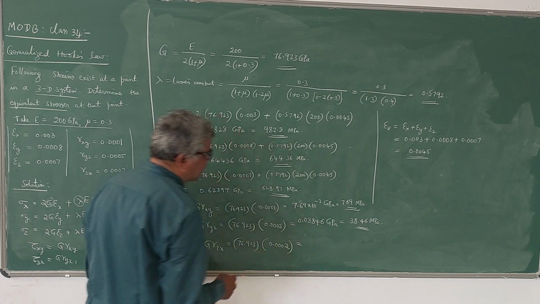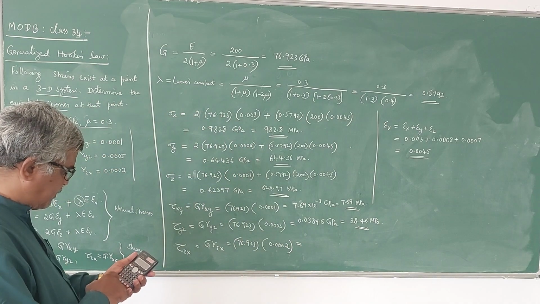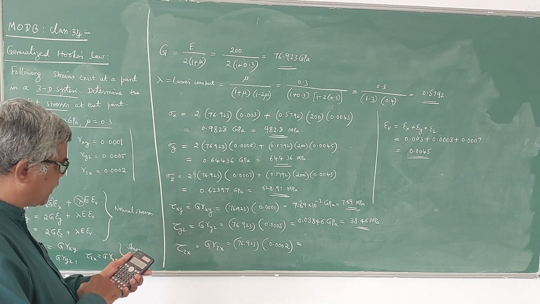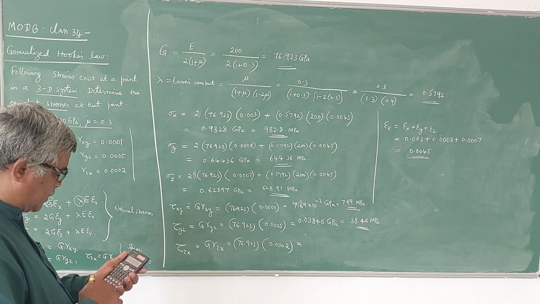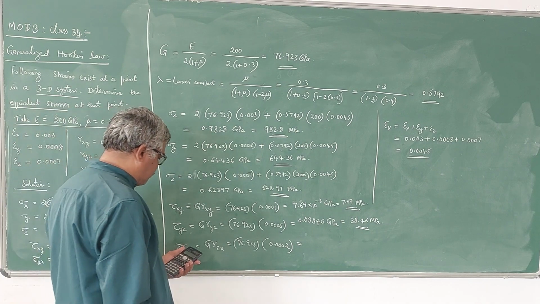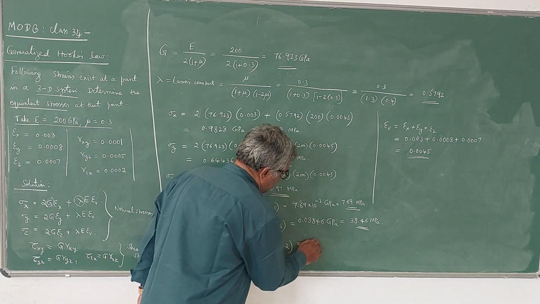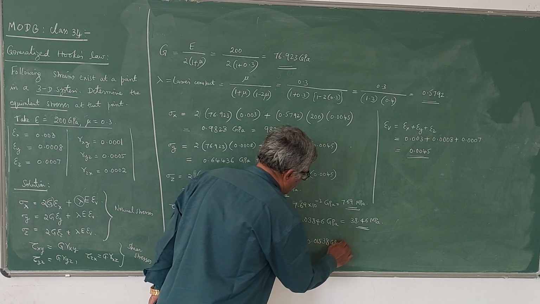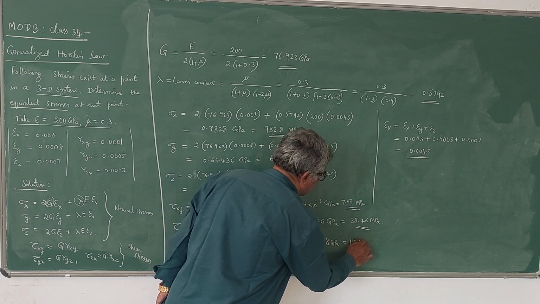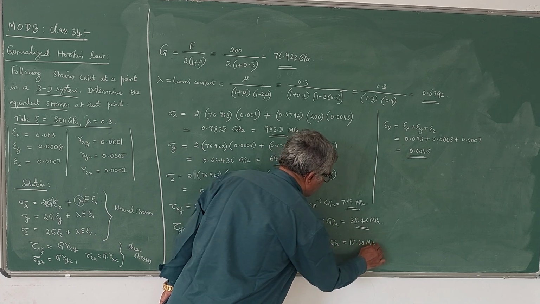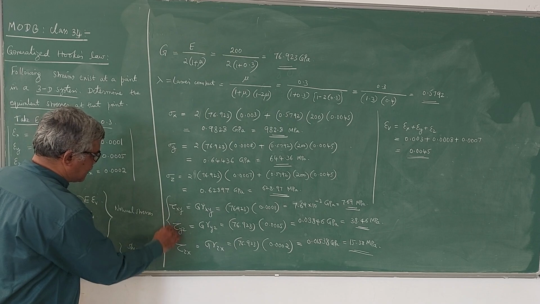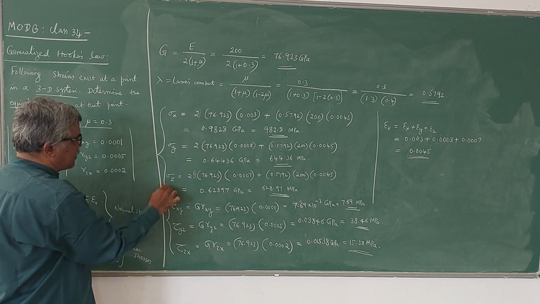If you multiply this and this, 76.923 into 0.0002 is 0.01538 GPa, or it is 15.38 MPa. So these are the shear stress values. These are the normal stress values.